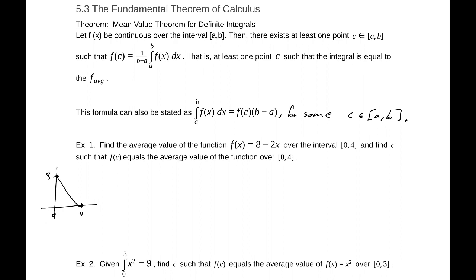All right, so the area underneath that curve is a triangle, and that is going to be, let's write this, the integral from 0 to 4 of 8 minus 2x dx. The base is 4, the height is 8, divided by 2, which should be 16.